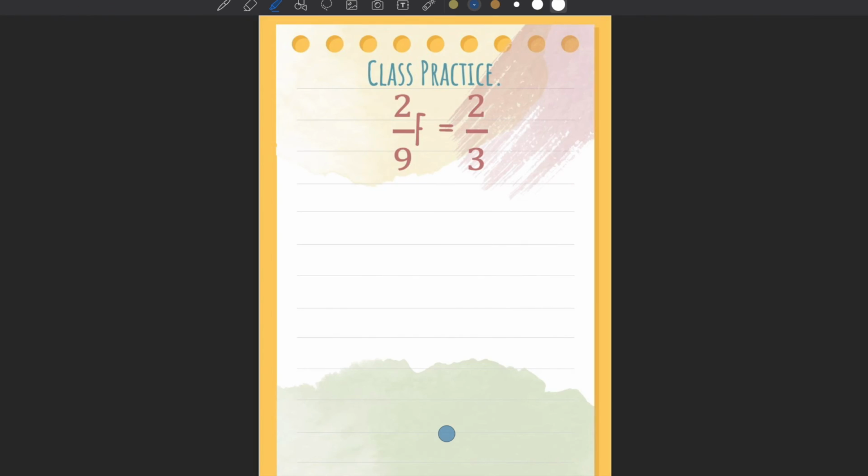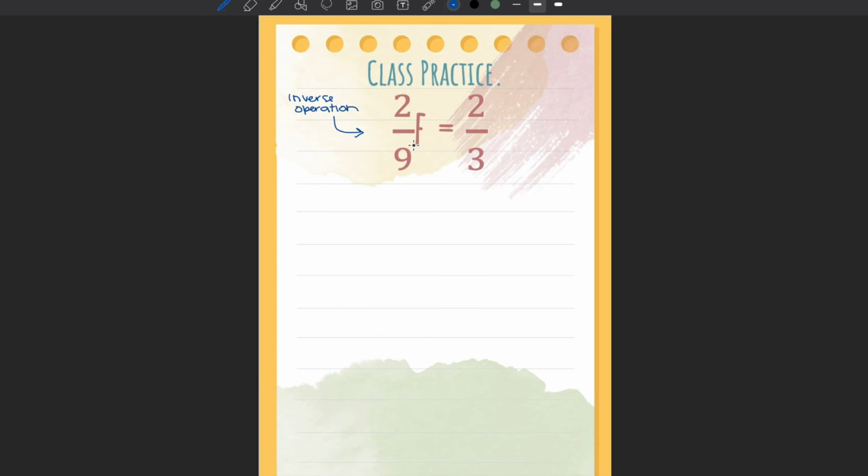Our next practice problem is 2 ninths times f equals 2/3. The very first step we must do is find the inverse operation. Since 2 ninths is being multiplied by f, we need to divide by 2 ninths.